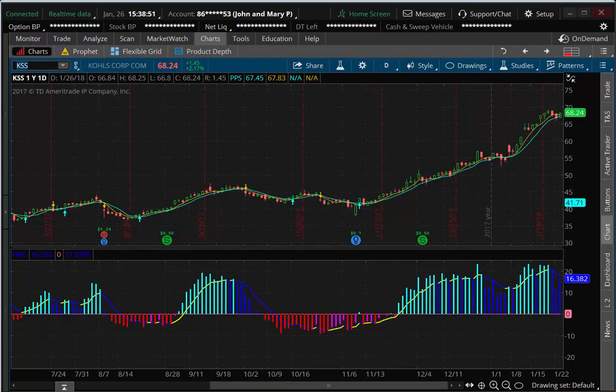So way back in the fall, many people heard about what was going on with Kohl's. Remember that Amazon was thought to possibly buy them out. But what was interesting is that as it started to see a decline in price, you'll notice this little arrow right there. The corresponding arrow had a very neat situation developing.